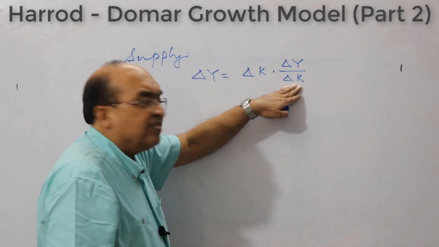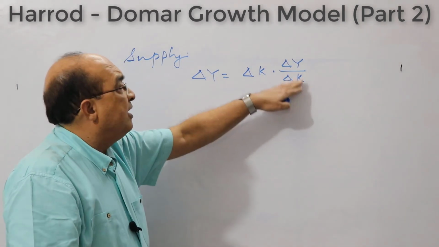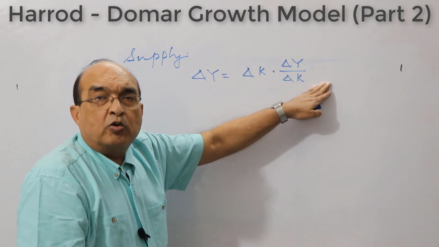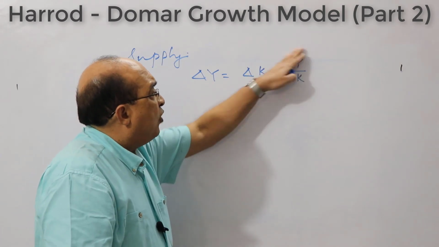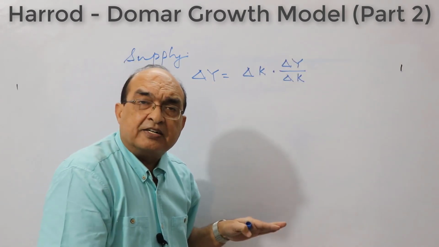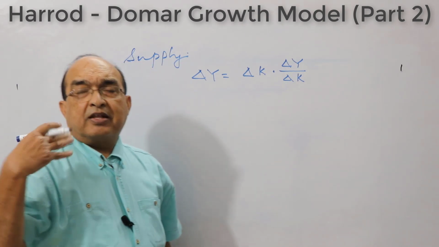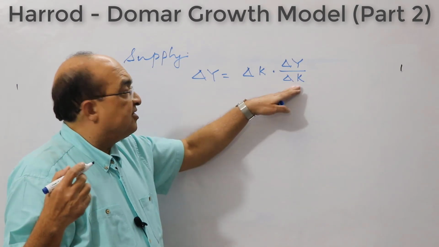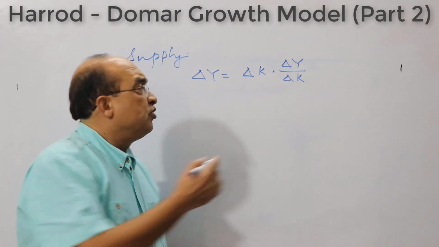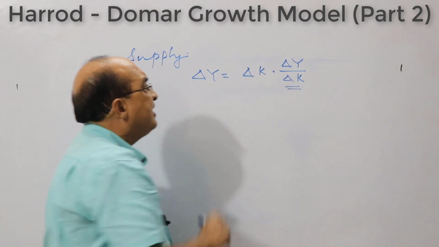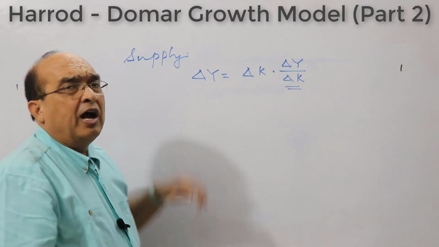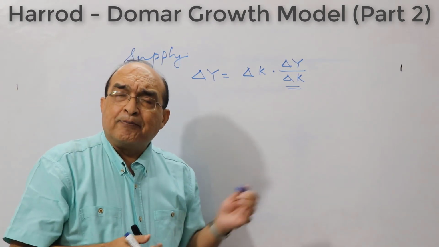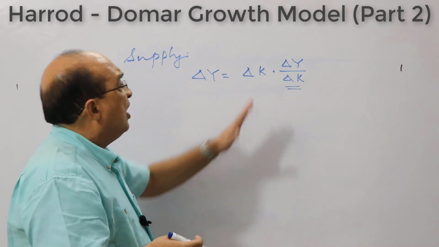How many units of capital will be required to produce 1 unit of output, and at what rate is this changing while the economy is growing? This will determine at what rate the productive capacity augmentation will take place.